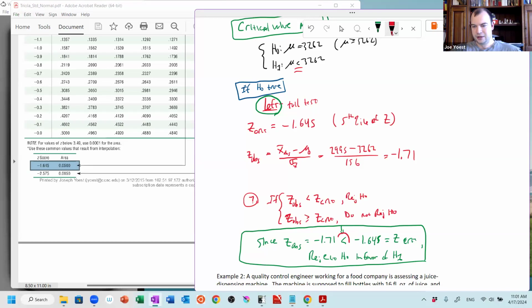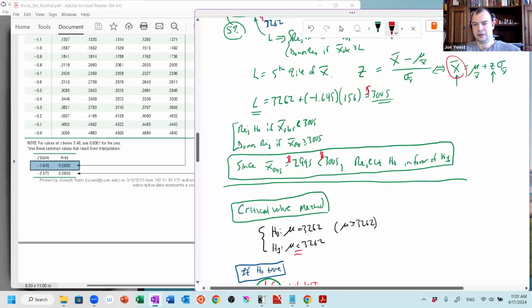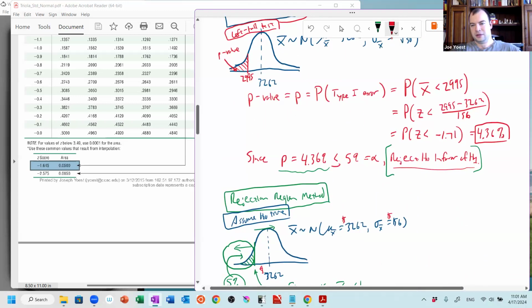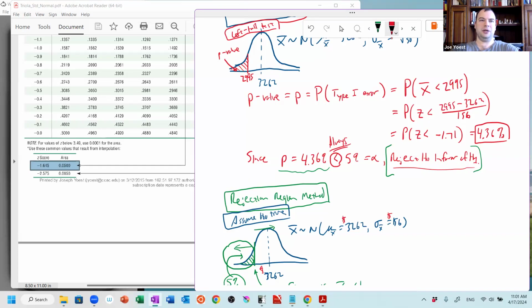So this less than has to do with it being a left tail test. If this was a right tail test, this would be a greater than. If this were a right tail test, the signs would flip. This less than is always this way. We're always looking for P less than alpha, whether it's a left tail or right tail test, because P is the probability of making a type 1 error, and I always want that to be low.